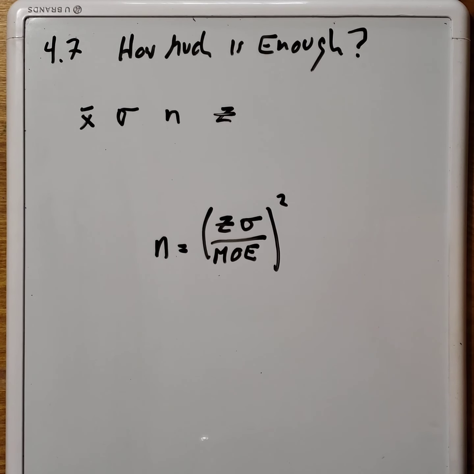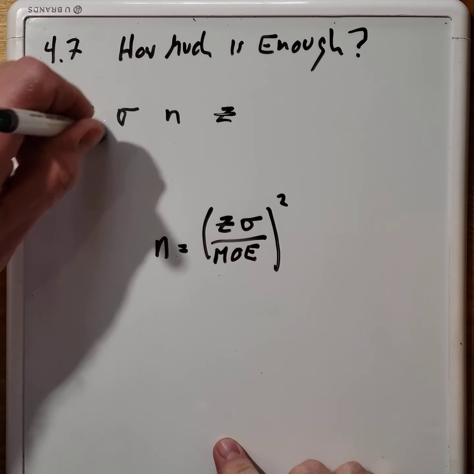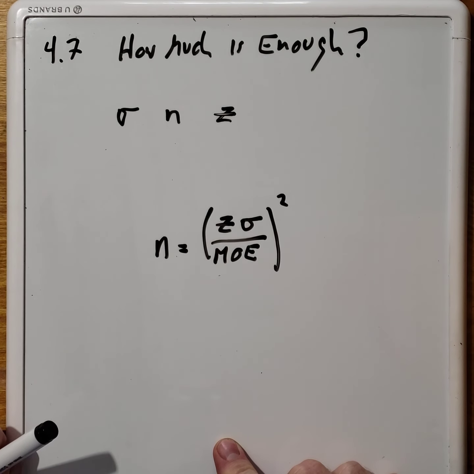All right, let's take a look at the effect that our mean, our standard deviation, our sample size, and our confidence level have on the width of the confidence interval, on the margin of error. We have no control over what our sample mean ends up being, so we don't really care about the effect that that's going to have.